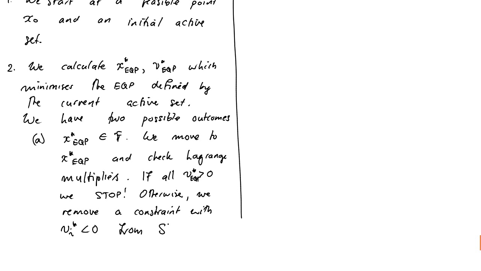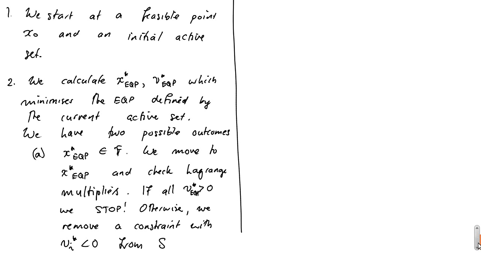That's the step we do if our x star is feasible, and it results in either finding optimality or removing a constraint. Then we better look at the other case as well.